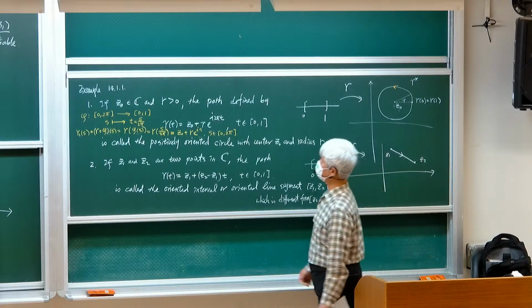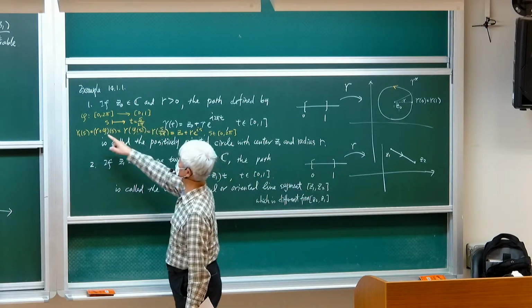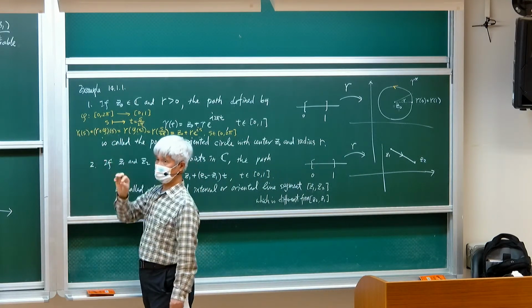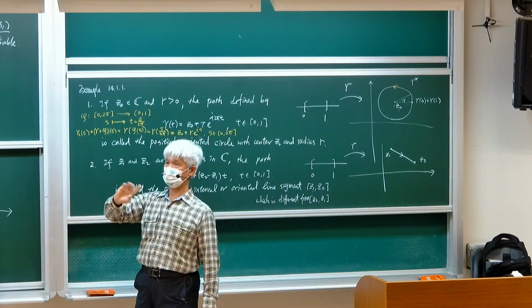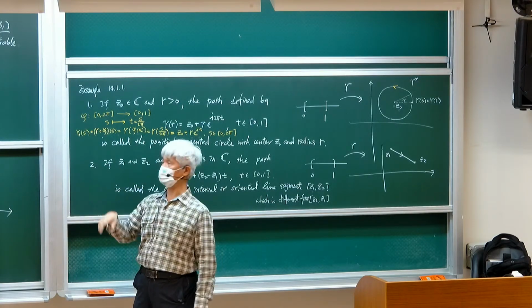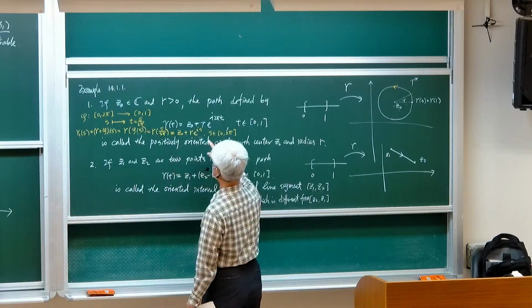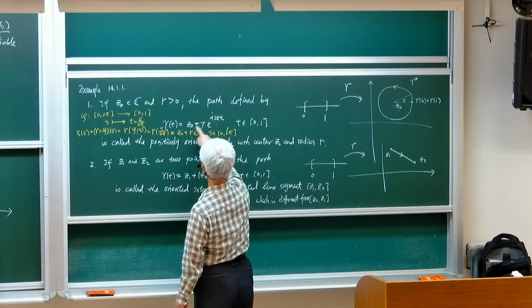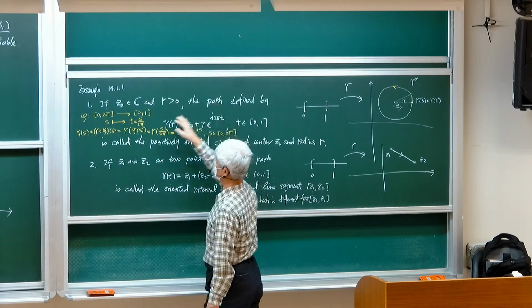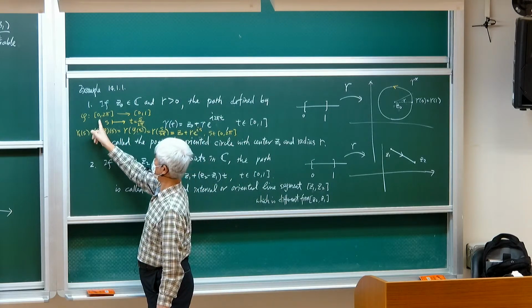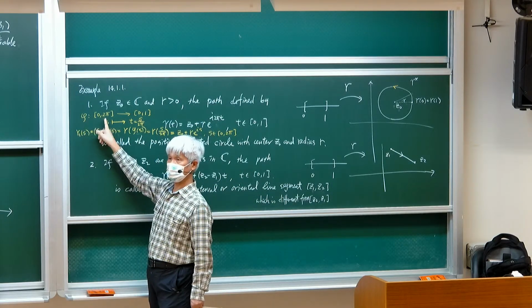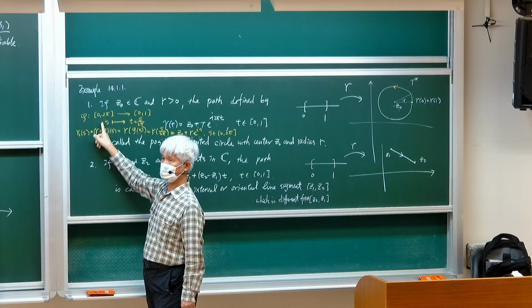I think the difference between different parameterizations is the speed. If you use this parameterization, the speed is higher than with this one.